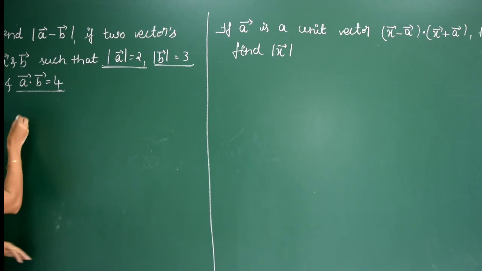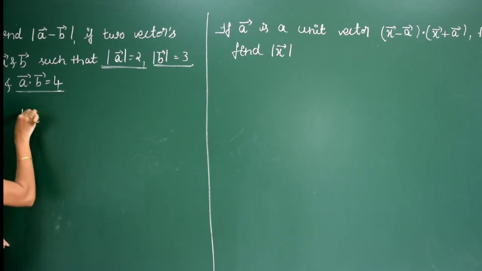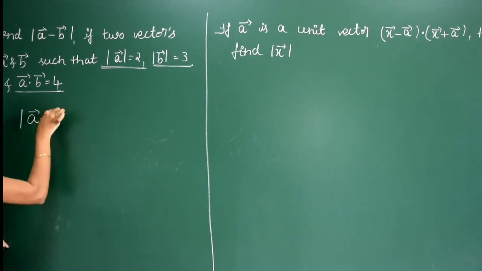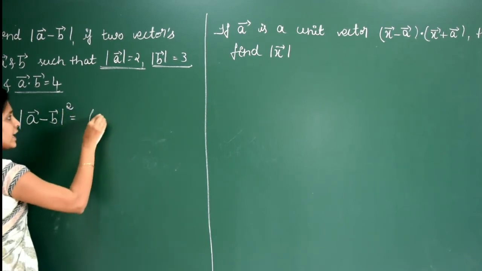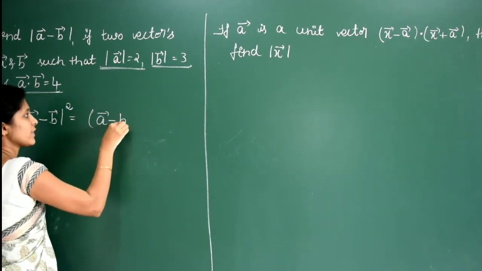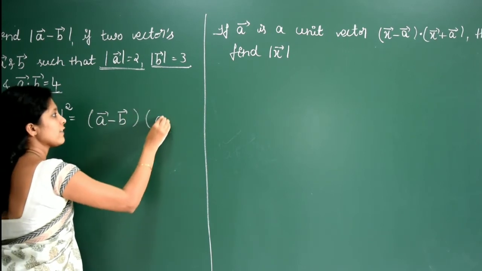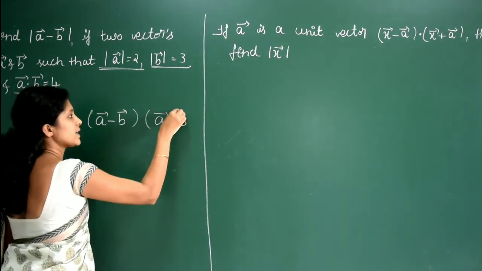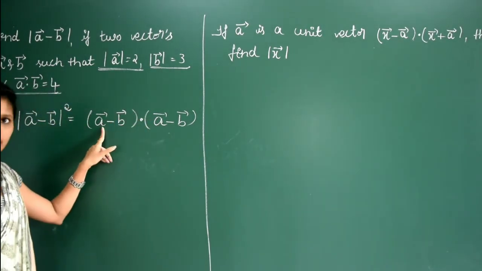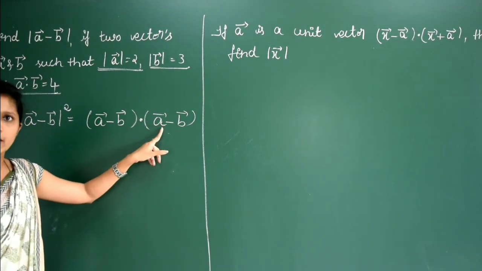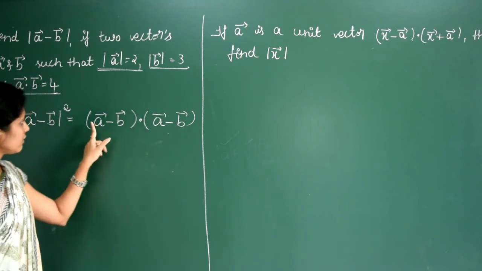Now we will find this. See, I will write the magnitude of A vector minus B vector whole square. This can be done as A vector minus B vector dot A vector minus B vector. Is it clear? Dot product of A vector minus B vector dot A vector minus B vector. Now we will multiply.